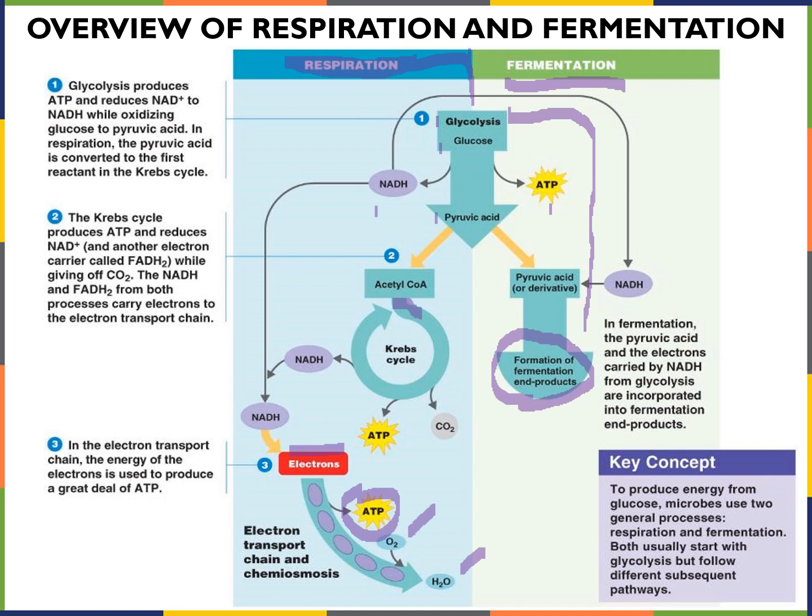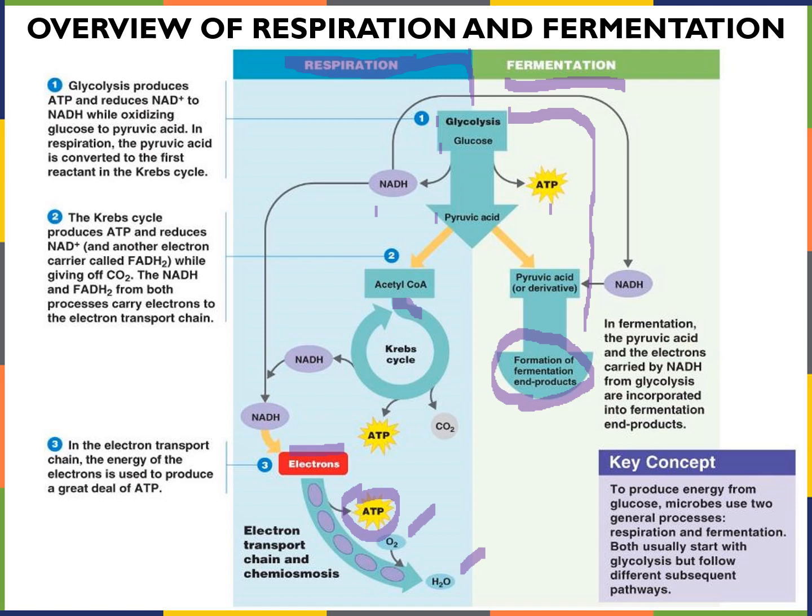It does not go through the Krebs cycle at all. So again, fermentation goes through glycolysis, and it stops. It does not undergo the Krebs cycle at all. So fermentation makes very little energy. The only energy that comes from fermentation is the energy made during glycolysis. And remember, there wasn't much made in glycolysis.